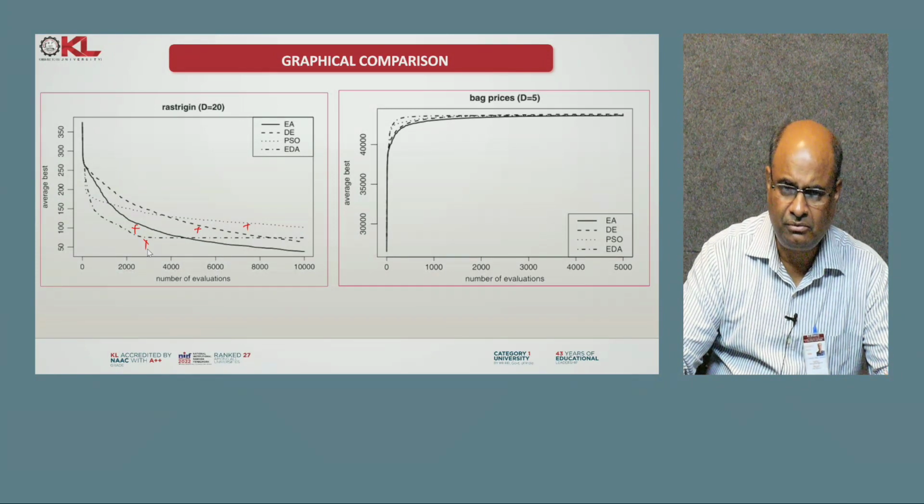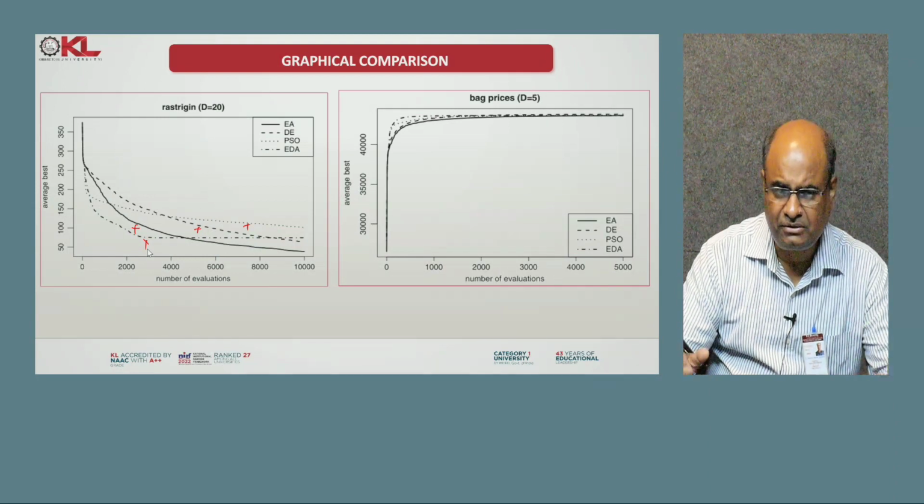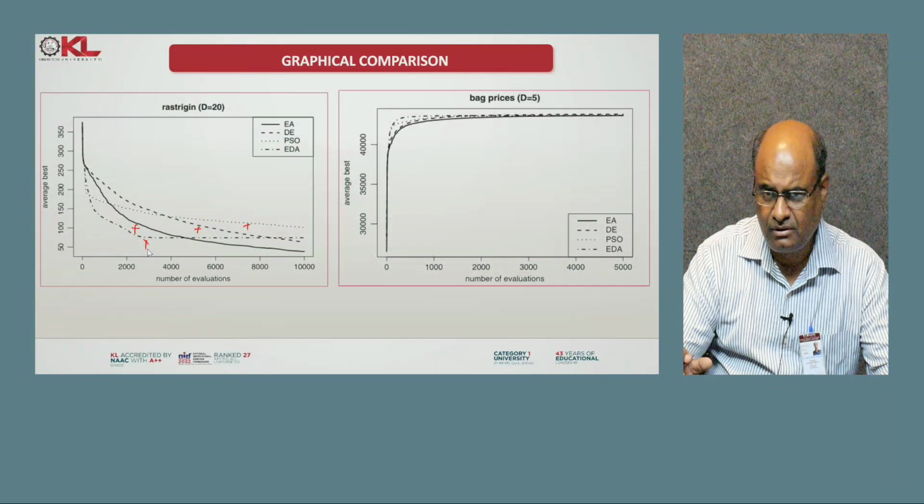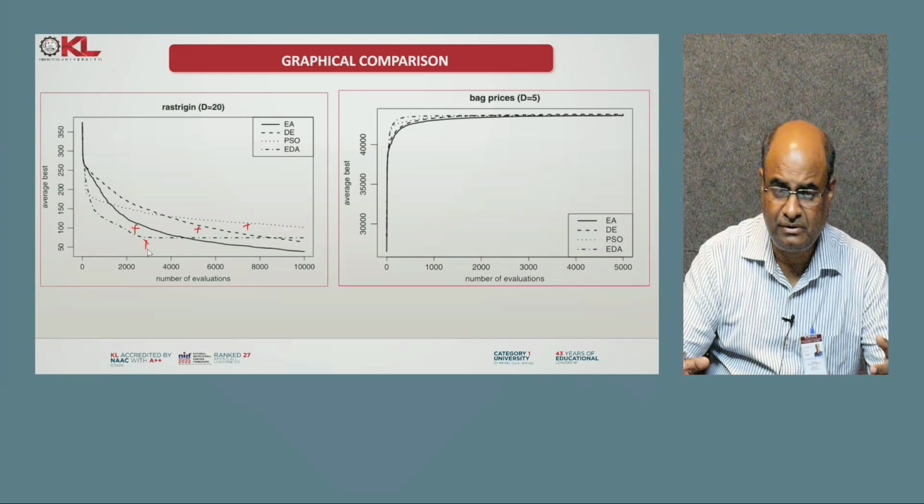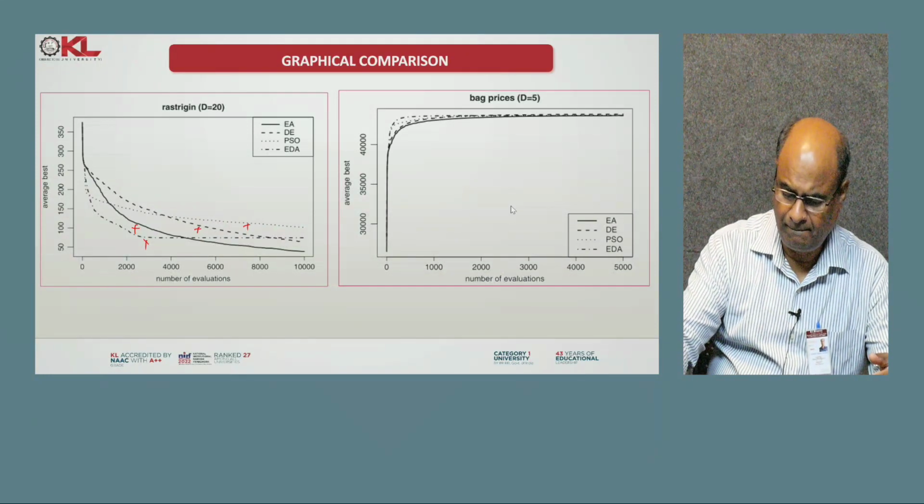So the EDA algorithm gives the best performance for the bag price. So different methods or different algorithms or different functions give different performance for different types of population based algorithms. So you cannot say that this is the best or that is the best. Based on the practical application they will give the performance.